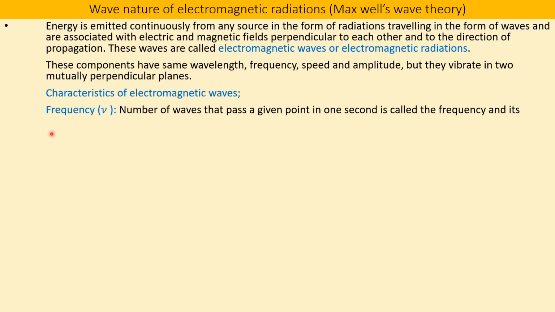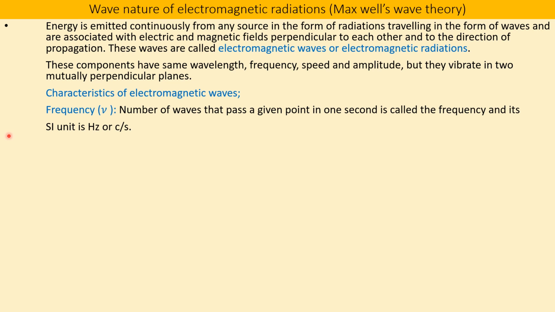It is named after the scientist Hertz. The next characteristic is wavelength, and it is represented by the Greek letter lambda. It is defined as the distance between any two consecutive crests, that is peaks, or troughs.